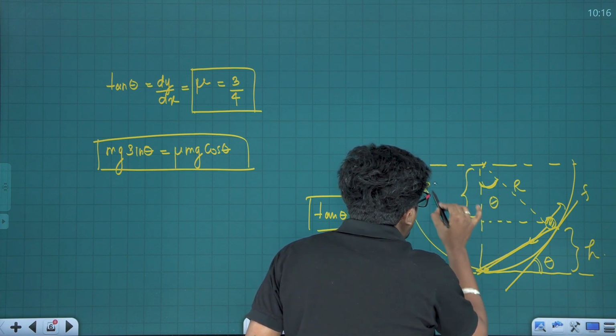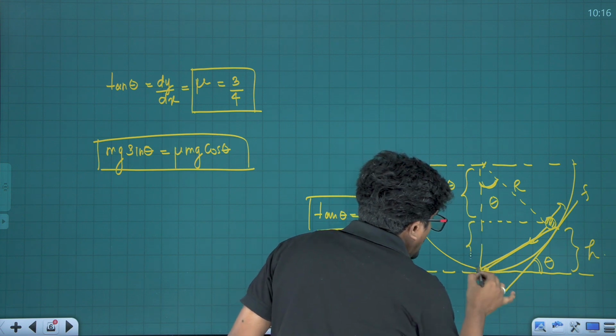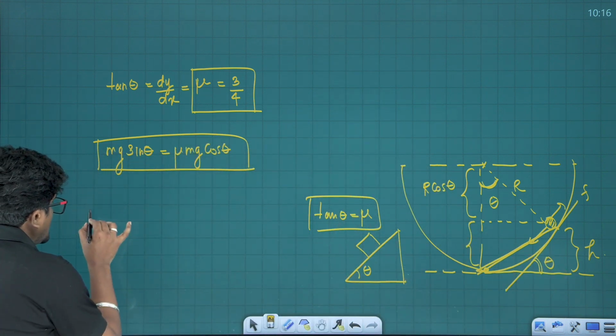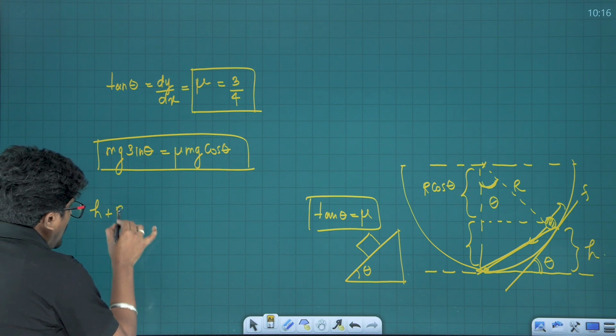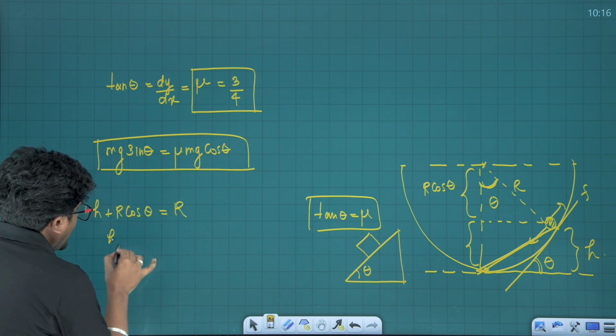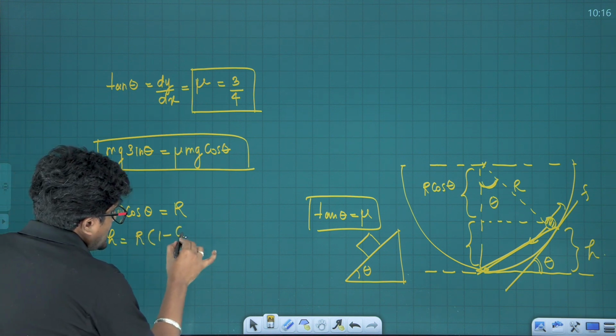Here this is going to be R cos theta. This is small letter h. So it's very clear, small letter h plus R cos theta is equal to capital R, or I can say h is equal to R, which is common, times 1 minus cos theta.